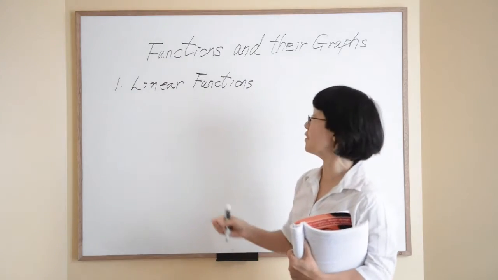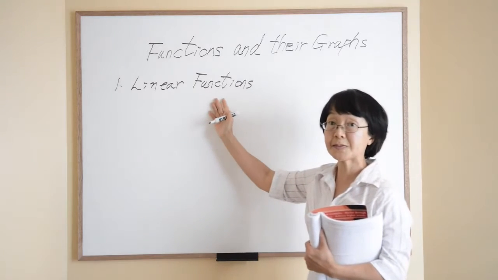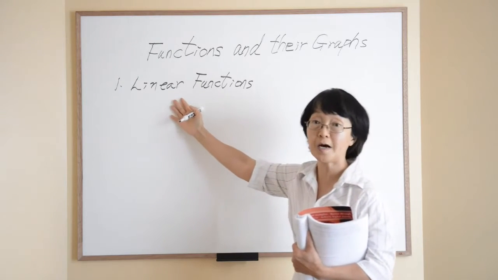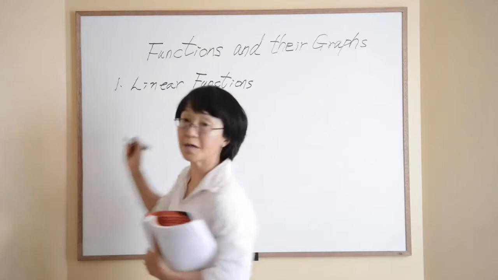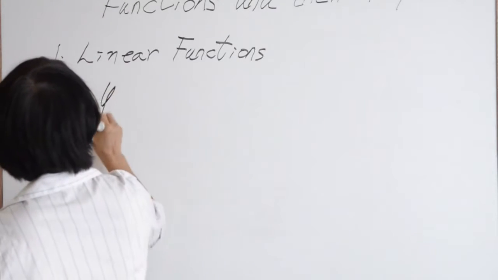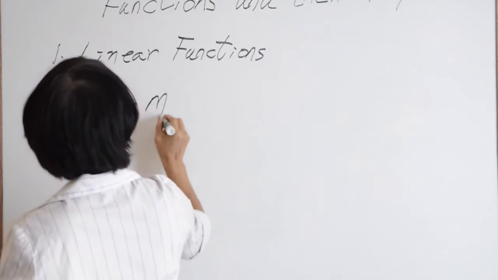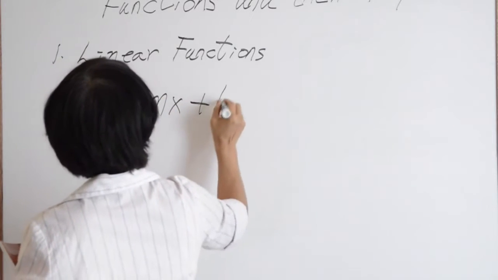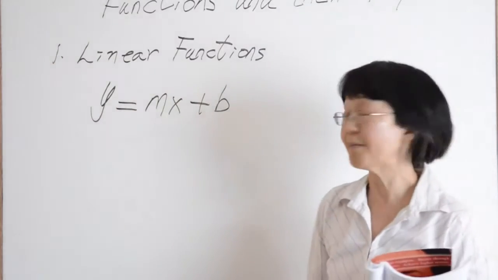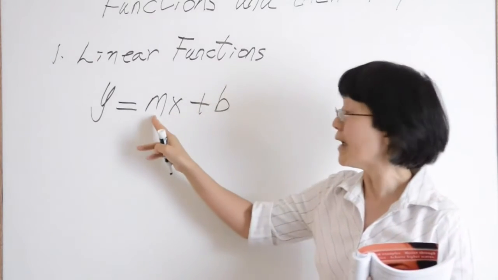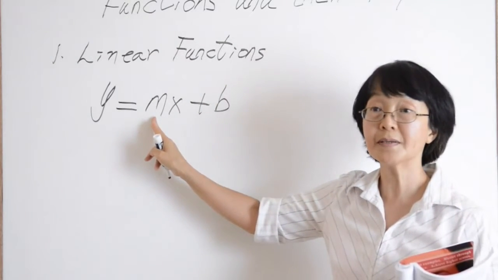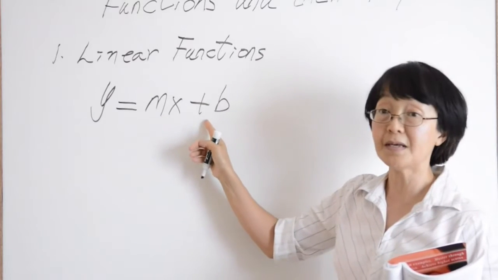First, we want to review the linear functions. Linear means it's a straight line graph. You know what the equation looks like. Let's see how many of you remember this: y = mx + b. M stands for the slope, the slant, and b is the intercept.